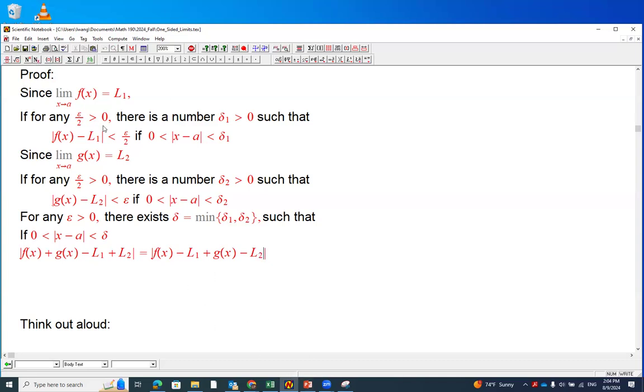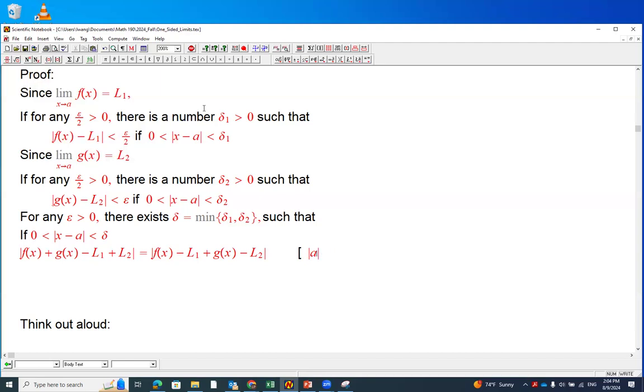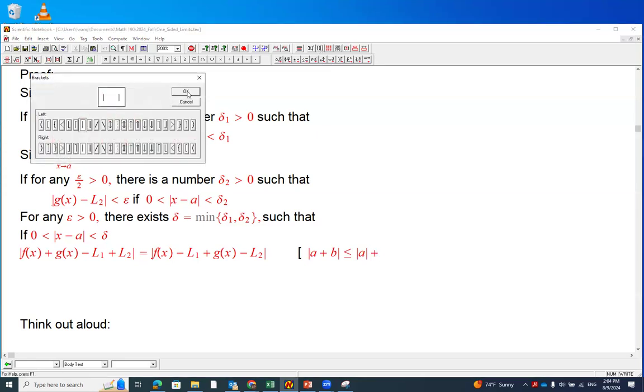But how are these related? How do we relate these two absolute values? Well, we have something called the triangle inequality. So what does the triangle inequality say? It says the absolute value of any two numbers, a plus b, is going to be less than or equal to the absolute value of a plus the absolute value of b.